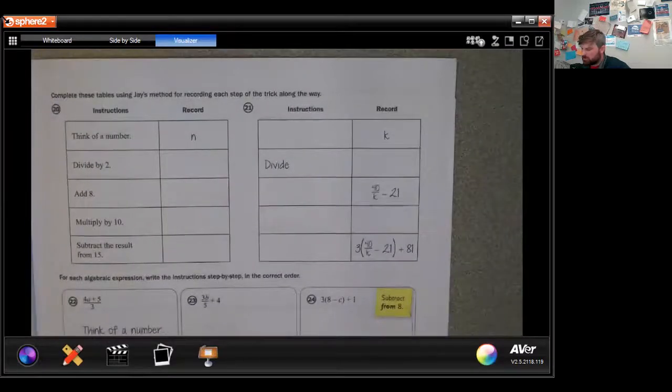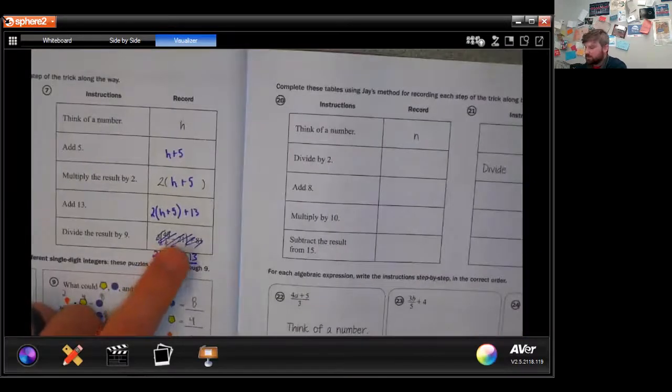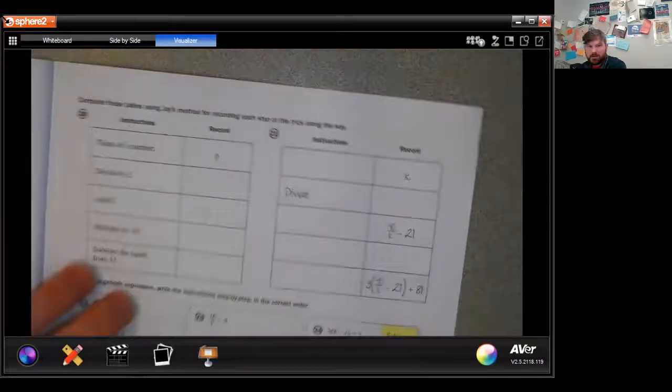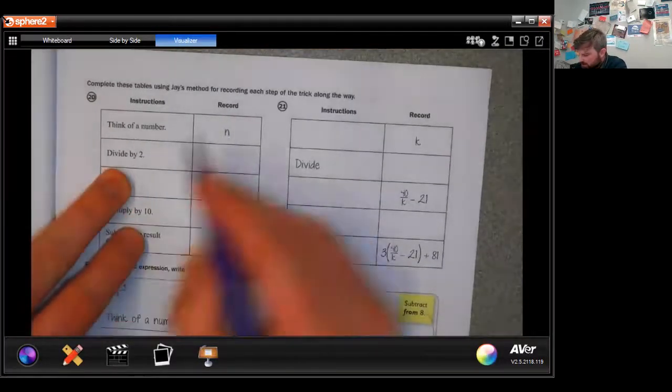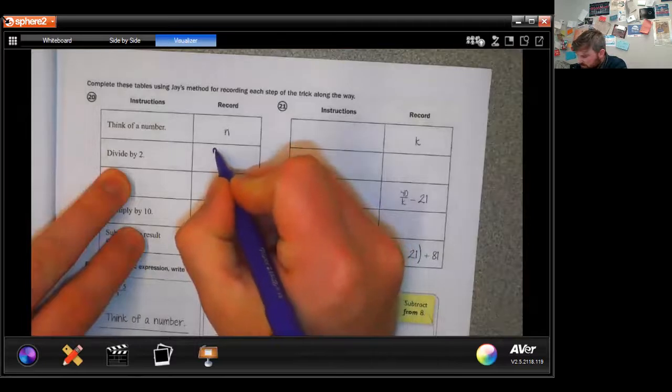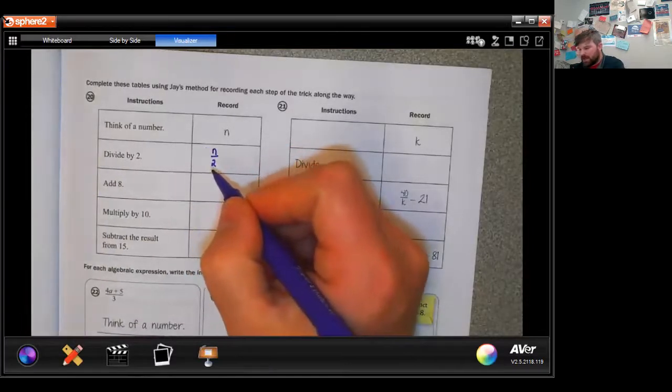So again, we're going to complete the tables here using Jay's instructions. Oh, if you look here, this one looks like this one. So those are exactly the same there. Okay, so think of a number n, divide by 2. So that's n divided by 2. Add 8.